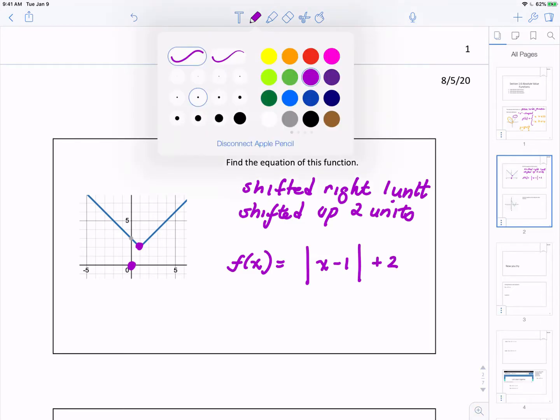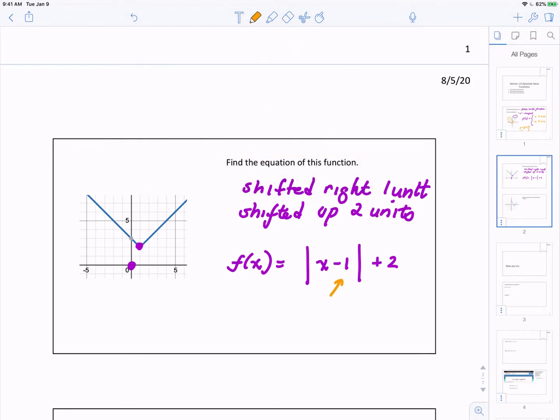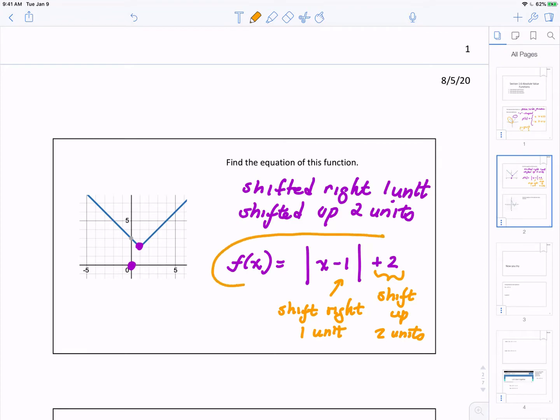So just as a reminder from what we learned from the last section, subtracting 1 is what we would need to do to shift it right 1 unit, and adding 2 is what we would need to do to shift it up 2 units. And so this would be the equation of this graph. And if you wanted to confirm that, you could just take some technology, a computer using Desmos, your graphing calculator, and graph it, and you would see this is the graph that you would get.